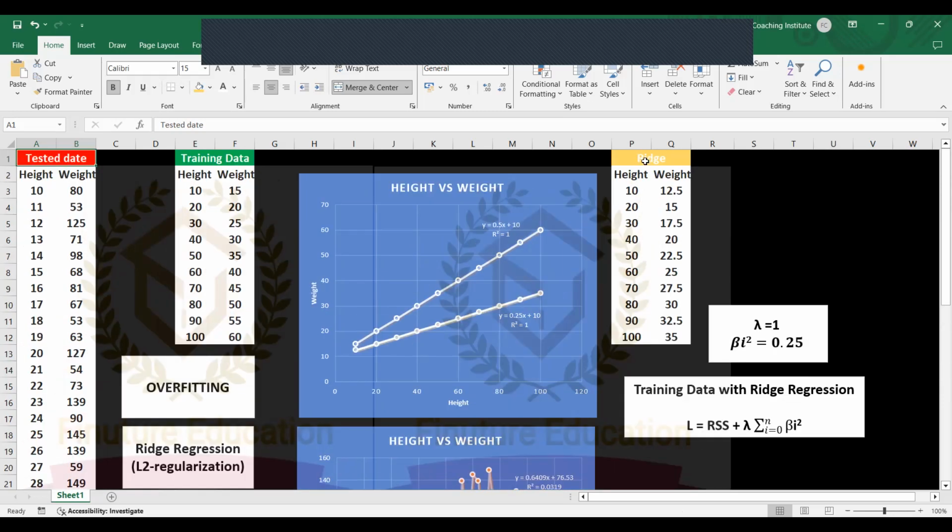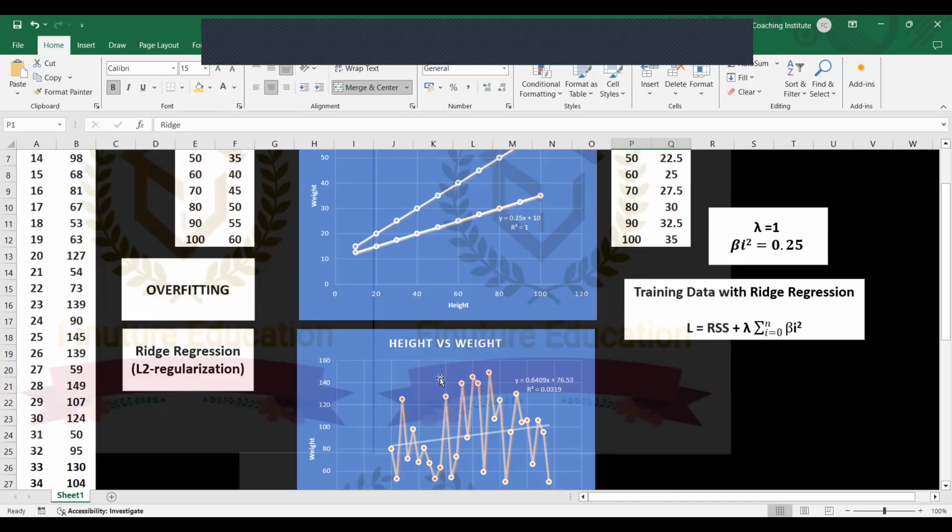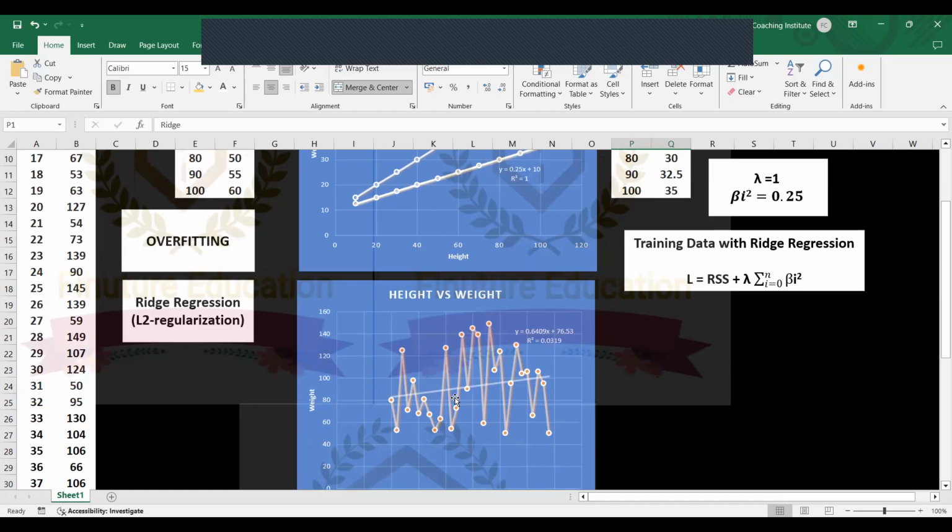And how we try to fix it using ridge is by introducing this penalty term. We talked about that initially: in sample, our RSS was 0, but instead of 0, we will try to have some number because we are introducing a penalty term, but it will improve the regression power here.